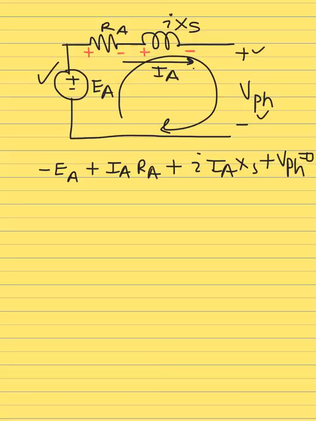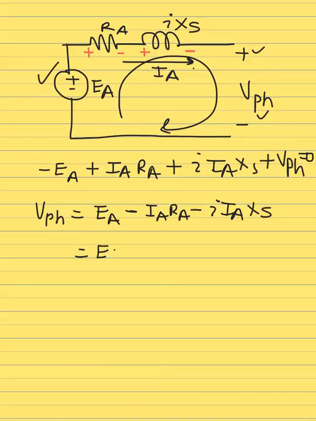And based on this, I can write that V phase equals EA minus IA RA minus IA XS, or you can take IA common: EA minus IA times (RA plus jXS), where IA is the armature current, EA is the internally generated voltage in the synchronous generator, and V phase is the terminal voltage.